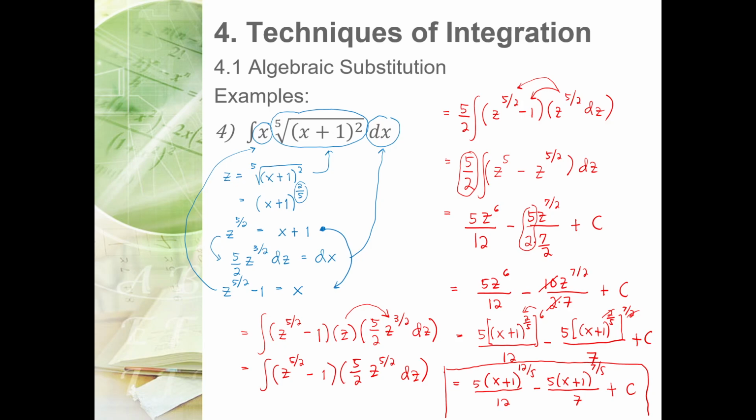I think Symbolab uses u-sub, letting u be equal to x plus 1. So just try to verify the answer there. So far the answer is the same, but the process is different. All right, so questions?